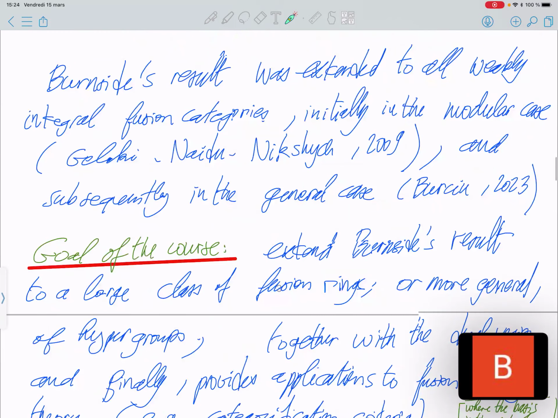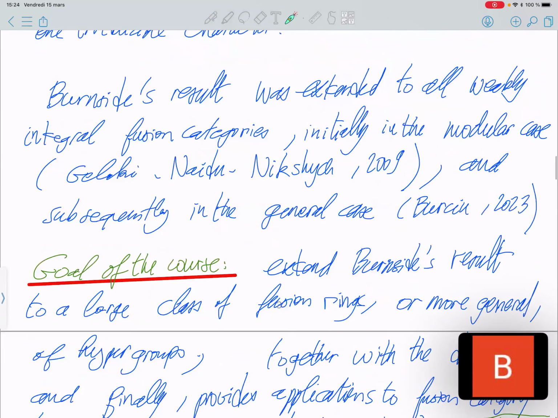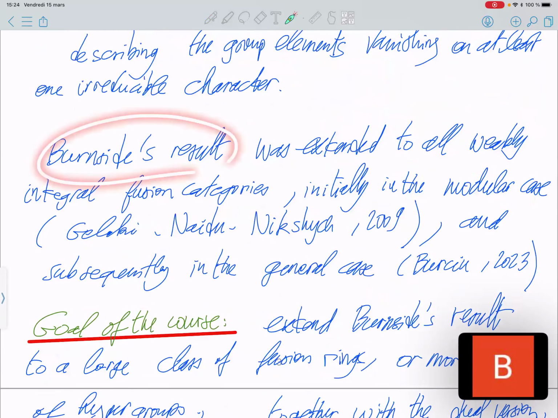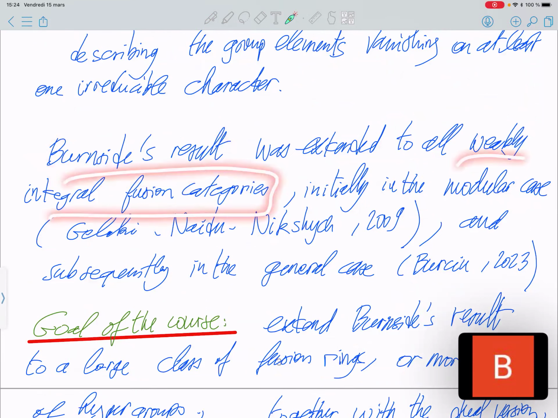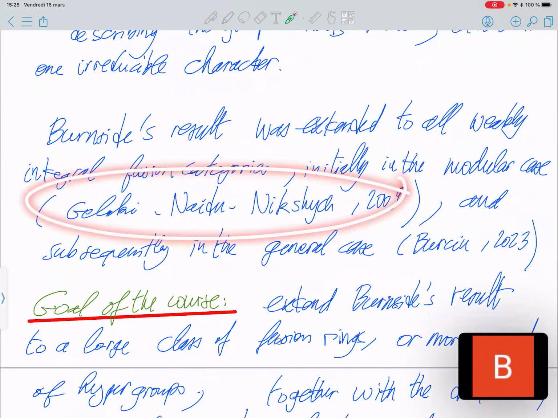And so people generalize the usual Burnside result to any weakly integral fusion category. The example above is a specific case. RepG is a specific case of weakly integral fusion category. So it was first done in the modular case and then in general.